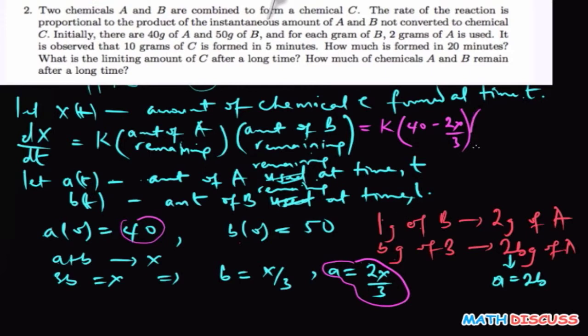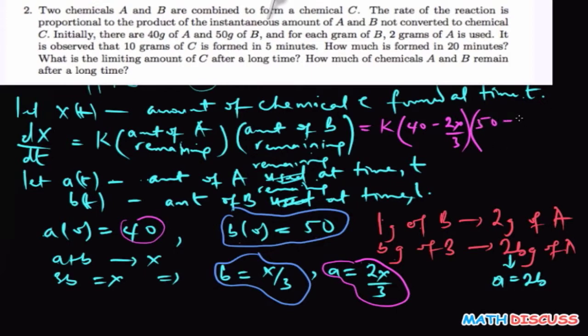Similarly, for the next one, the initial amount of B is 50 and we have used x over 3, so the amount remaining would be 50 minus x all over 3. So this is the differential equation I want to solve.